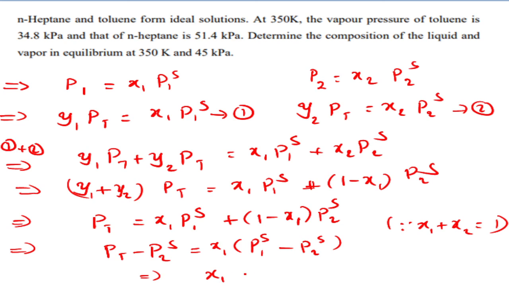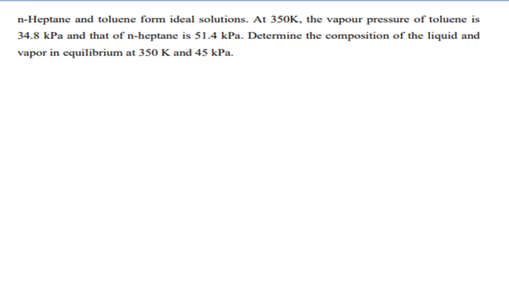Finally, I get the expression for x1 as (Pt minus P2s) divided by (P1s minus P2s). So x1 is equal to (Pt minus P2s) divided by (P1s minus P2s).